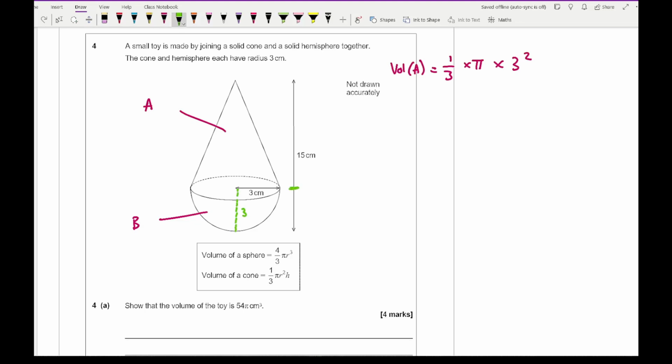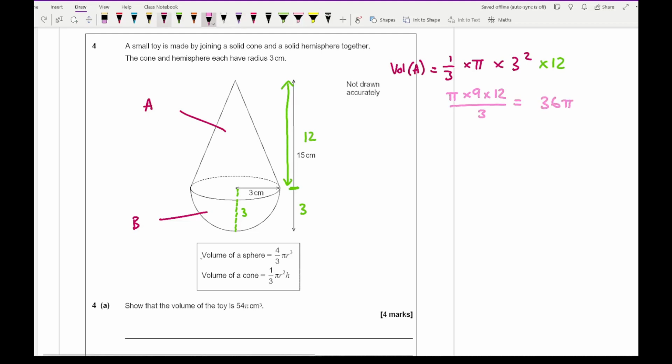So if all of it is 15 and this bit is 3, then the height of the cone must be 12. So that's going to be times 12. If I work that all out, I get pi times 9 times 12 divided by 3, which gives me an answer of 36 pi.